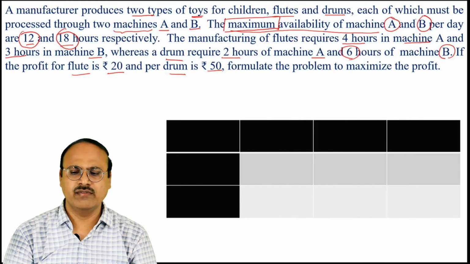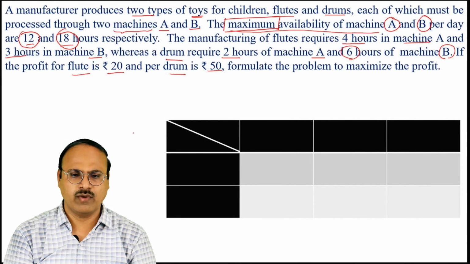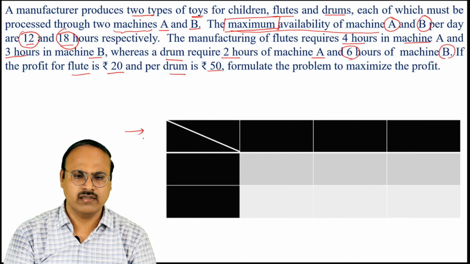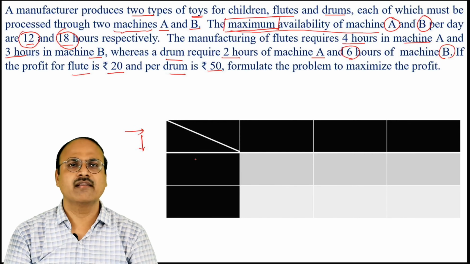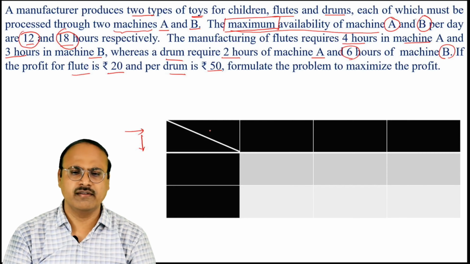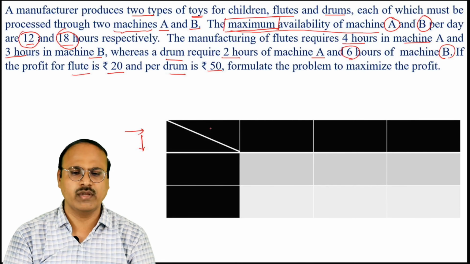Now what is it that we require in the table? There are two things we will take care of. One is in the row we have to write down certain things, and the other is in the column. We can write it the way we want, but let us use our common sense in writing down the row and the column headings. For example, there are two toys here.